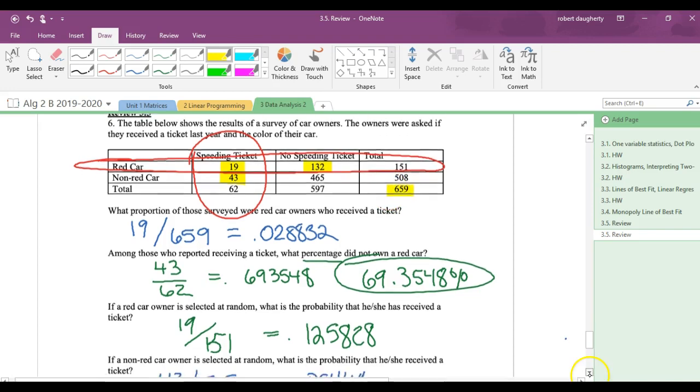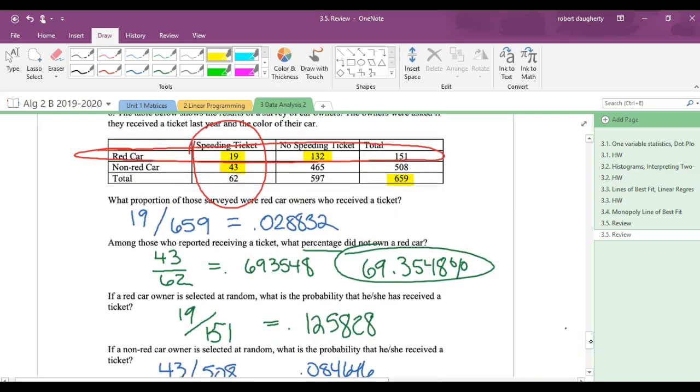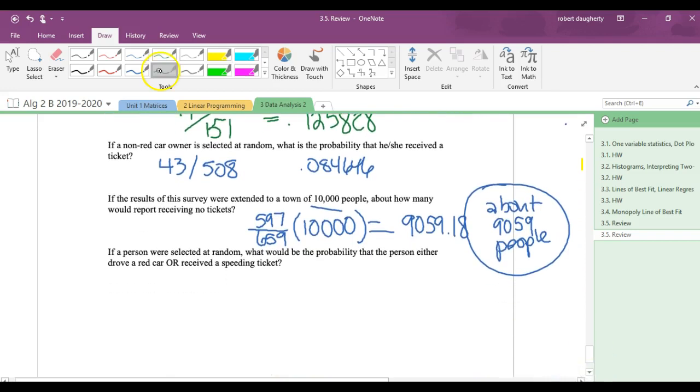So a couple ways of doing this is going to be 19. So what is that? Let me just do those numbers. So that's going to be 19 plus 132 plus 43, all of that divided by 659.